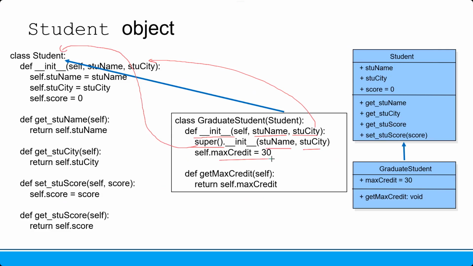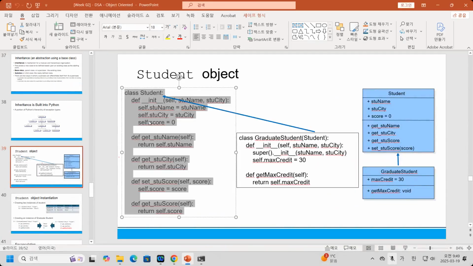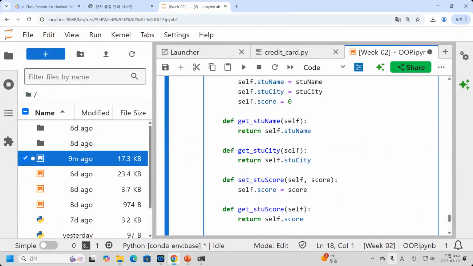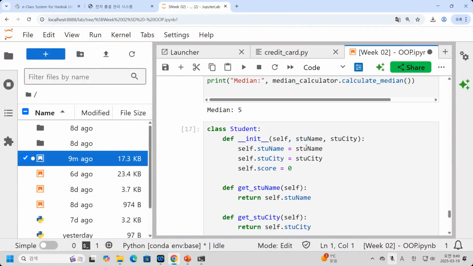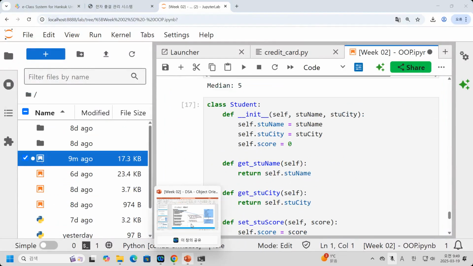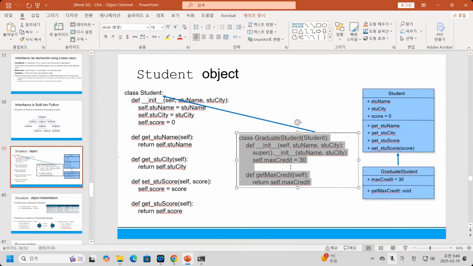Okay, let's see. Let me just copy and paste this one. So this is the class student, the one that we learned before. And I am going to put this one.